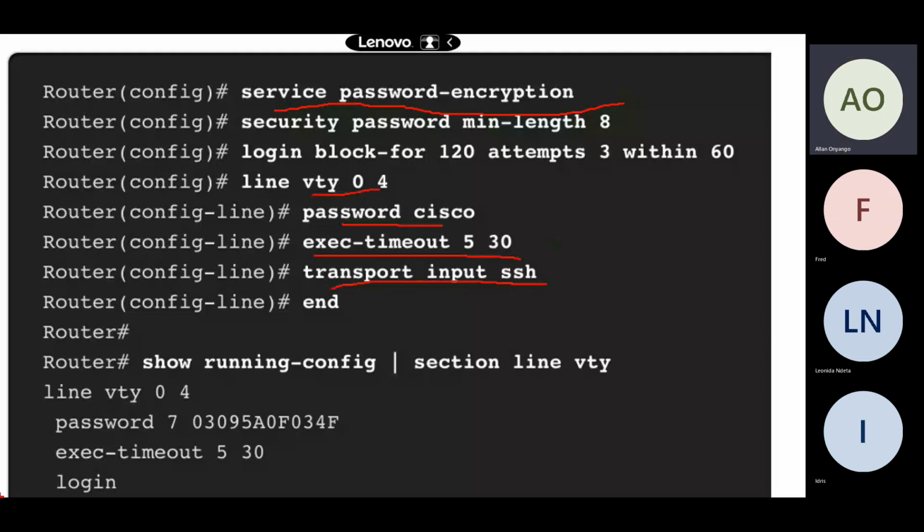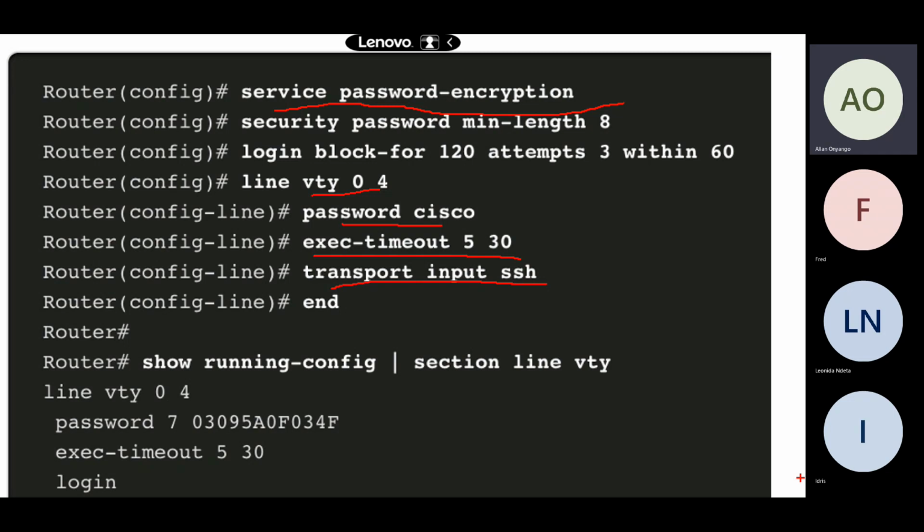exec-timeout. What is it used for? When you are logged in, when you are accessing the device remotely, maybe using SSH or Telnet, we want that when you leave your computer unattended or idle for some time, it logs out automatically so that someone cannot come when you're not there and continue viewing the details of your system or configuring something or even configuring a new password.